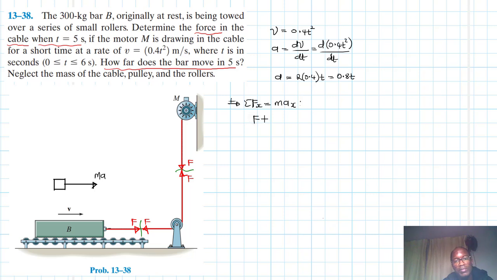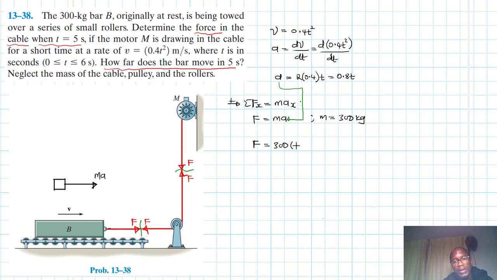Therefore we have F equal to ma, and replacing the a there, we know what m is for the bar: m is equal to 300 kg.